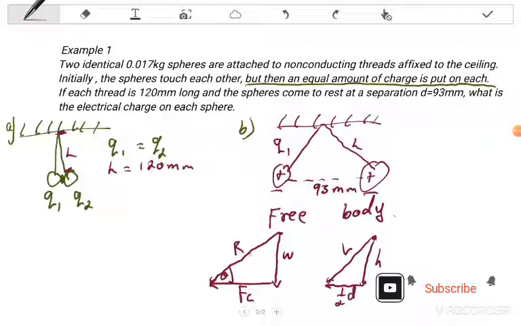From this diagram we can see that we have an Fc, and Fc can give us a charge, because from Coulomb's law, Fc is equal to K, Coulomb's constant, Q1 Q2 divided by R squared, where R is the distance between the two charges. So from this sketch we can get Q. From this sketch here we have theta, so these two thetas are equal.